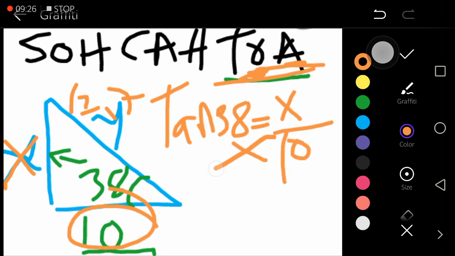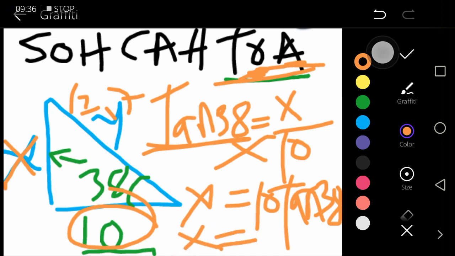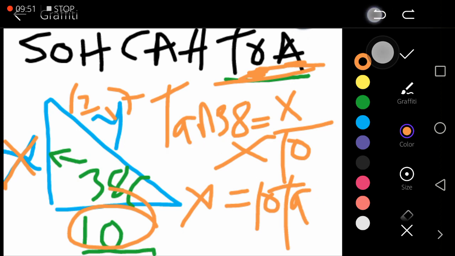Now we can cross multiply: x equals 10 multiplied by tangent 38. Use the scientific calculator: tangent 38 times 10. The answer is 7.8.